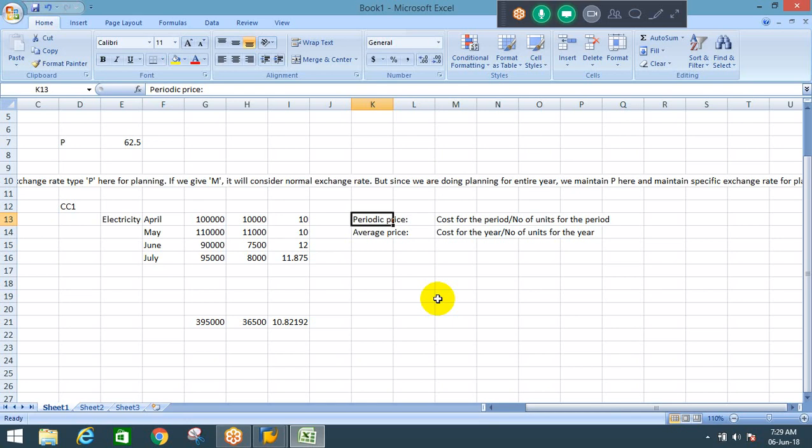But average price means cost for the entire year, planned cost. This is planned cost. We are talking about planned cost and planned number of units.